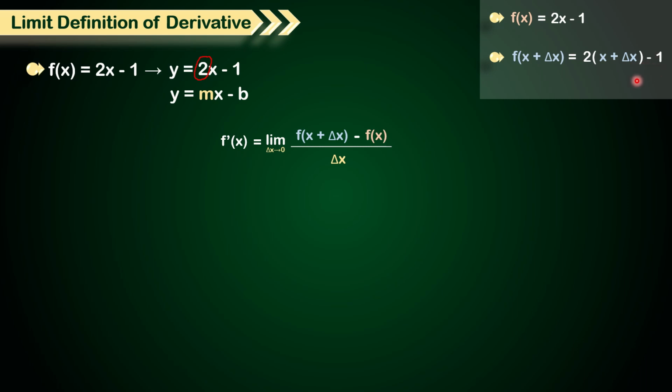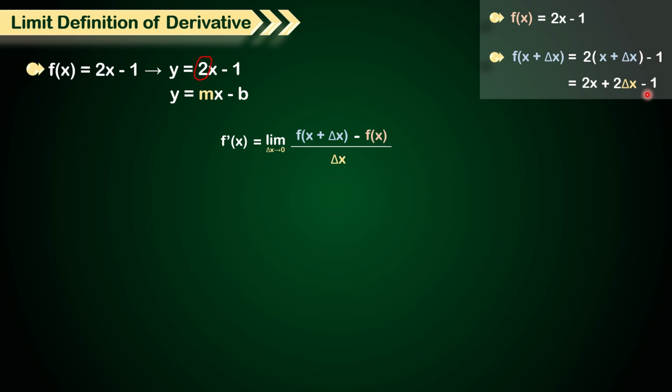Distribute 2 to each term of x plus delta x. It is expanded to 2x plus 2 delta x, minus 1. This is now f of x plus delta x.